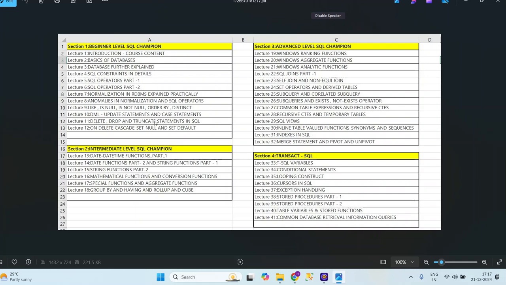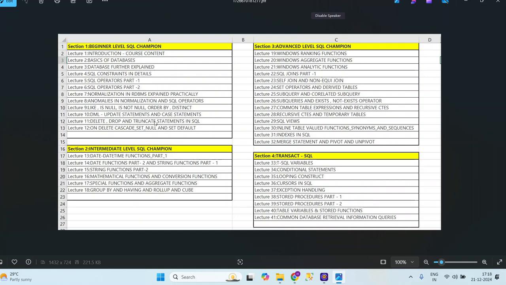My entire SQL course is divided into four different sections: beginner level SQL champion, intermediate level SQL champion, advanced level SQL champion, and Transact SQL. These will be more than enough if you are a data engineer, analyst, fresher, or medium level SQL developer.